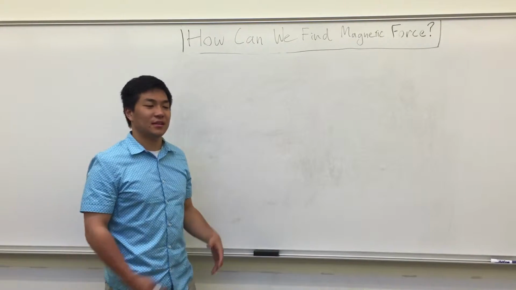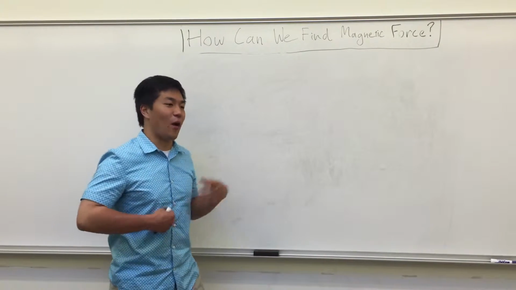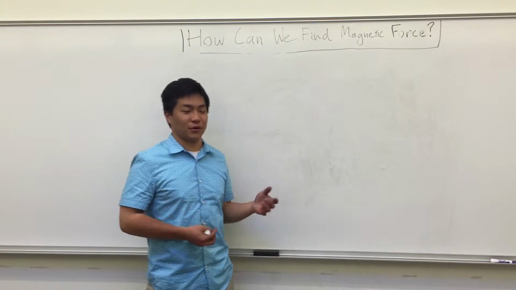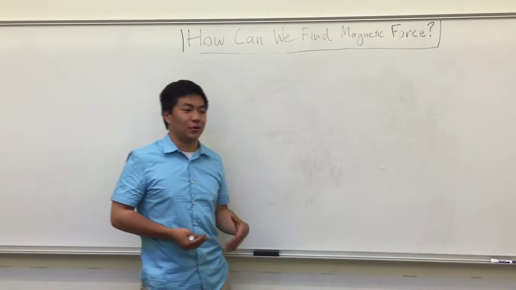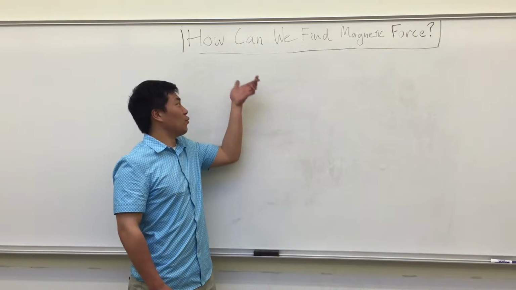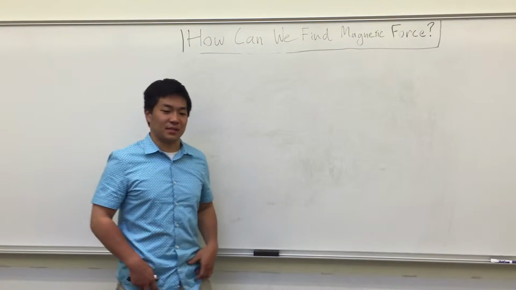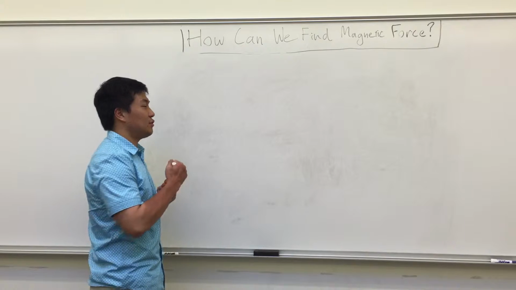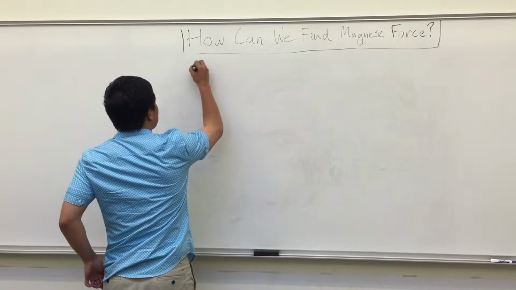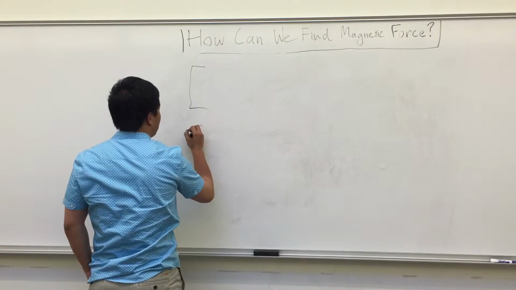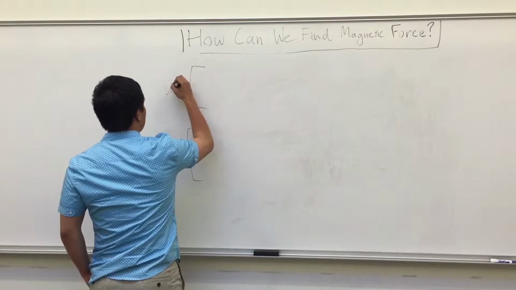We're going to take things that we know about these systems of wires or moving charged particles, and we're going to see how we can transform what we know into what kind of magnetic force we would expect to see. So to do that, why don't we look at what we do know about our two systems, namely the wire and the charged particle.